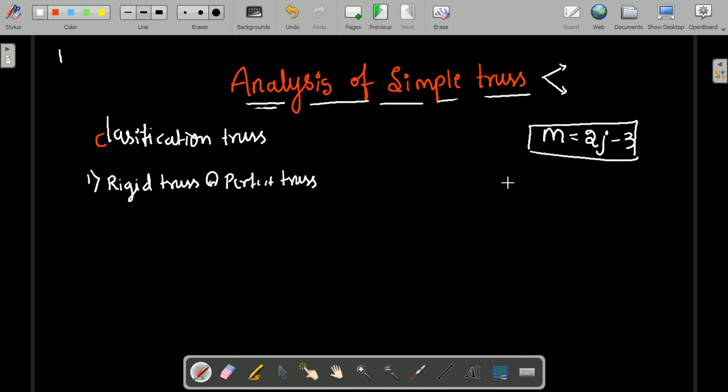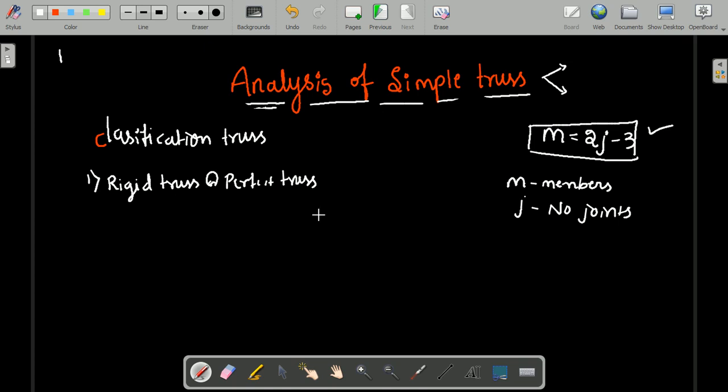Here m is the number of members in a truss, and j is the number of joints in the truss. By using this, we are going to decide whether the given truss is a perfect truss or not. So how are we going to decide?